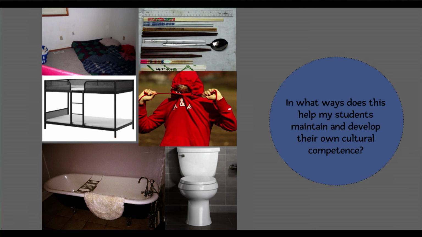They can describe the artifacts they bring in from their own homes and compare those contemporary artifacts with what they're seeing in the historical primary sources. This helps to send a message that who they are matters to our ability to co-construct knowledge as a class.